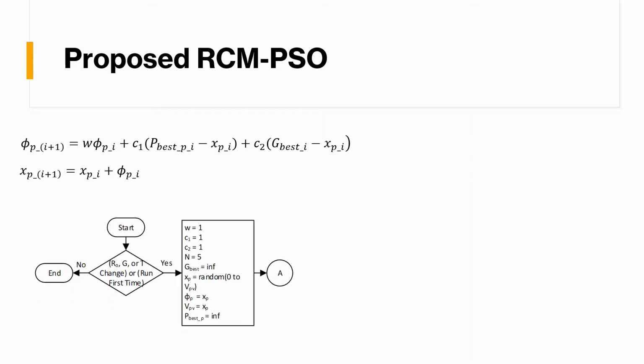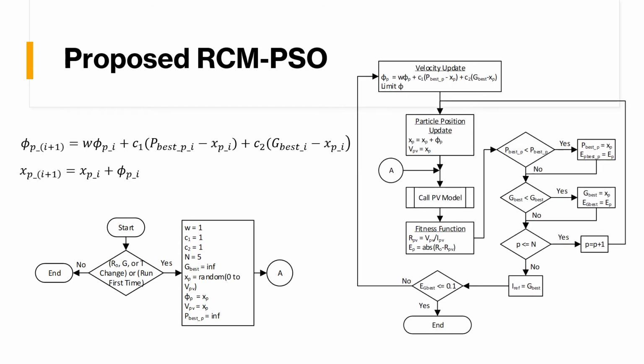Okay, the first flowchart is this one. This one is basically just to determine whether there are changes or it is the first time run. If no, it will end and restart the algorithm again. If yes, it will load the characteristics of the PSO, the parameters of the PSO, and then you run the PSO itself.